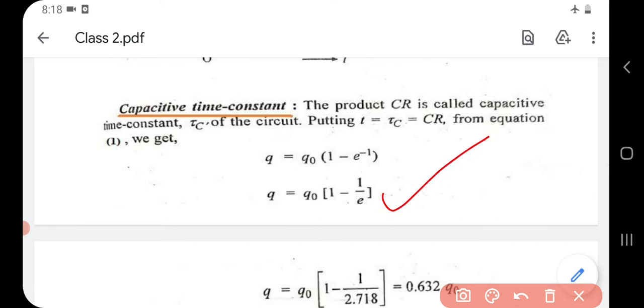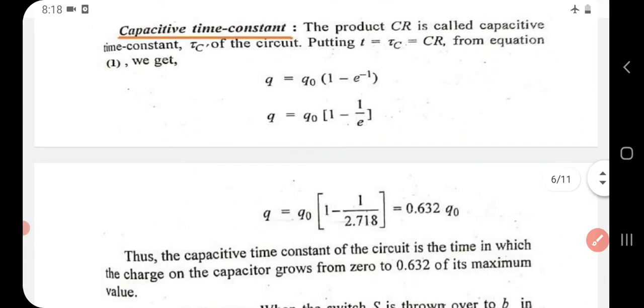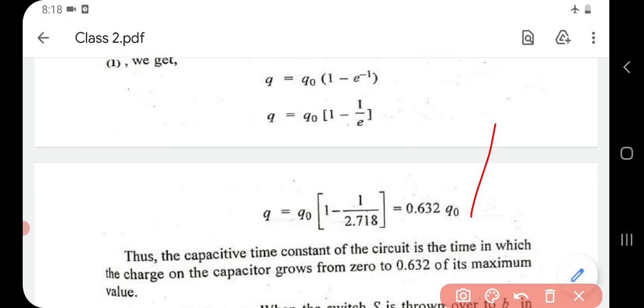Then this is simplified with e value as 2.718. On simplifying we get the value of Q as 0.632 Q0, that is, the capacitive time constant is the time in which the charge on the capacitor grows from 0 to 0.632 of its maximum value. So study that definition also.